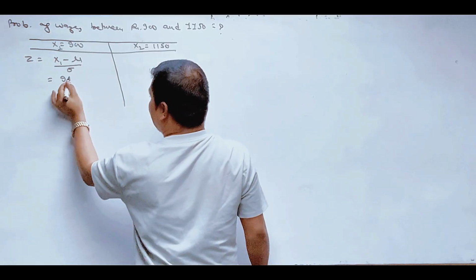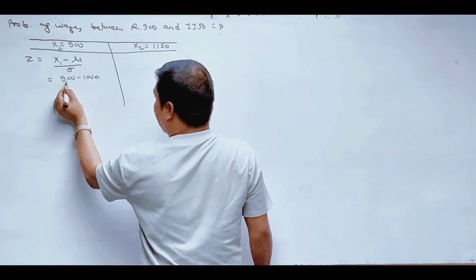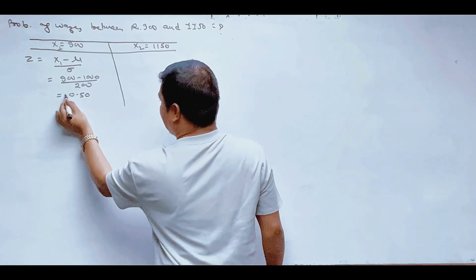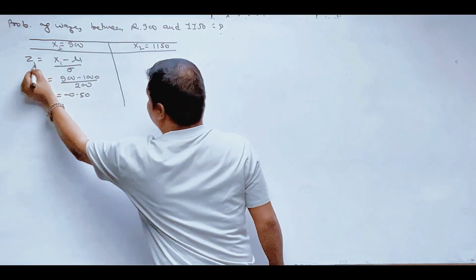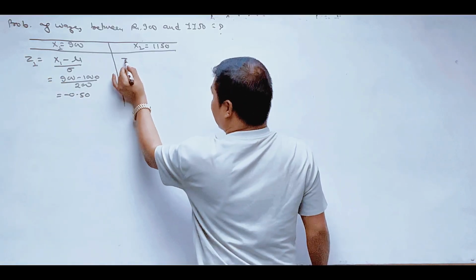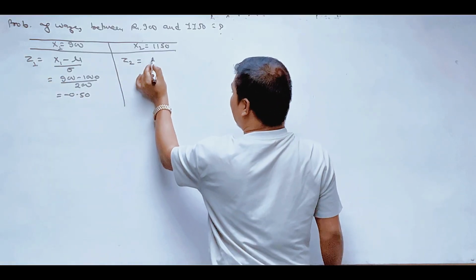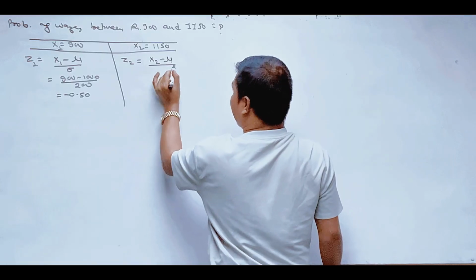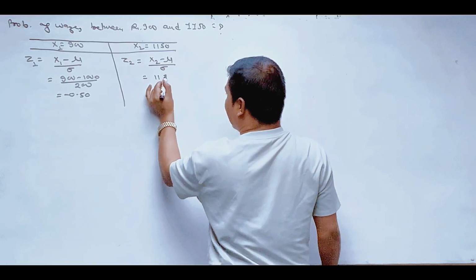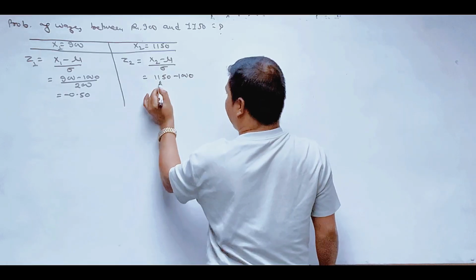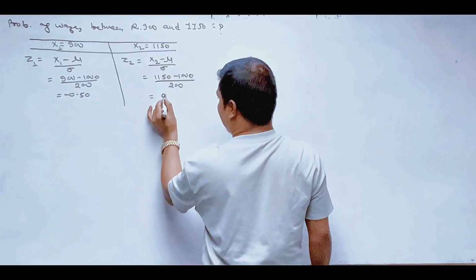That means 900 minus 1000 divided by 200, which is minus 0.50, Z1. In the same way, Z2 equals (x2 minus mu) divided by standard deviation, 1150 minus 1000 divided by 200, which is 0.75.